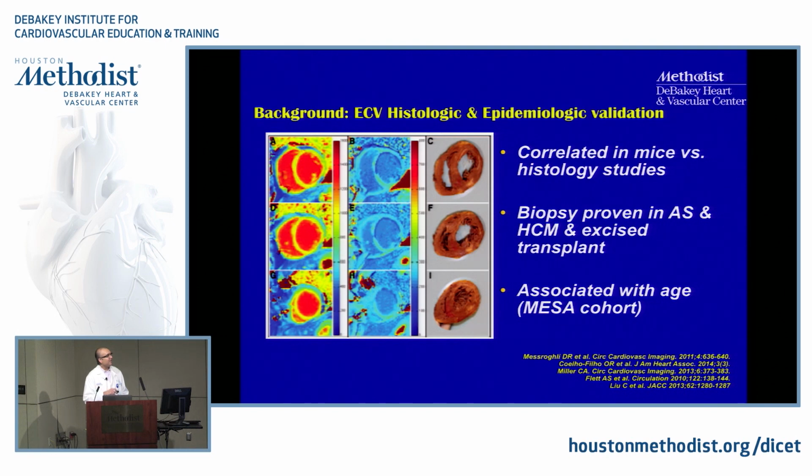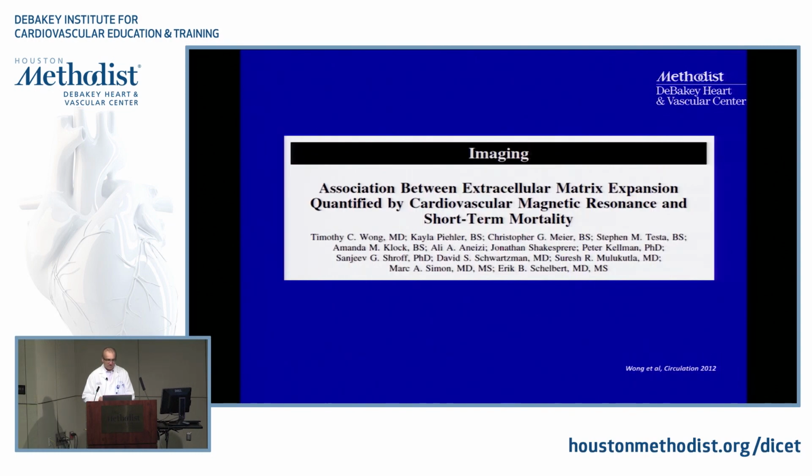And then there's also some data from MESA cohorts showing that there is a gradual progressive increase in extracellular volume fraction with age, as there is more fibrosis deposition that occurs with aging.